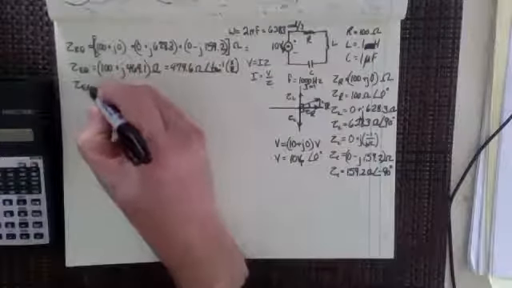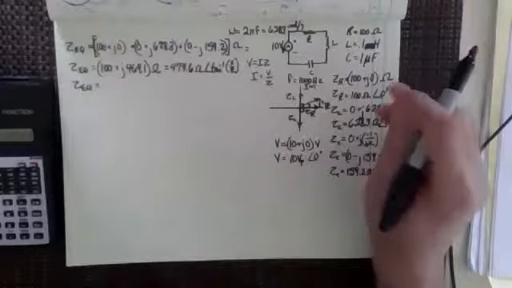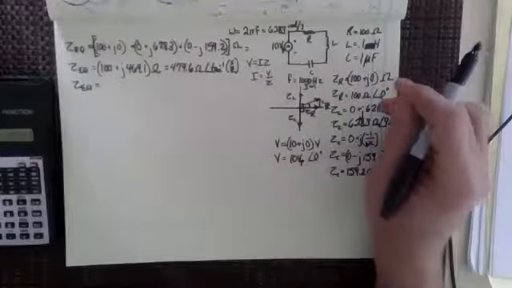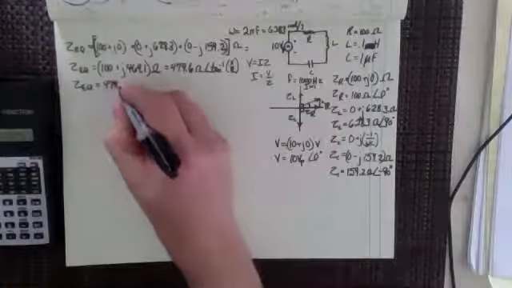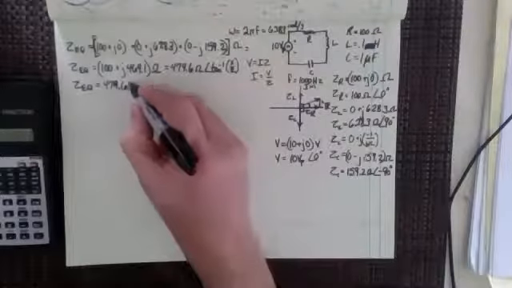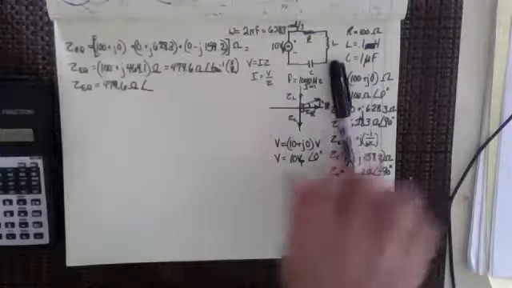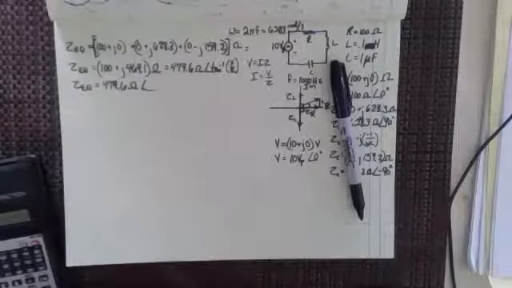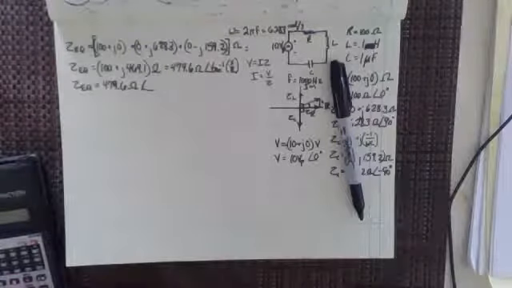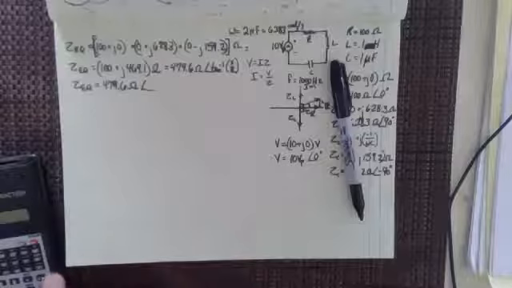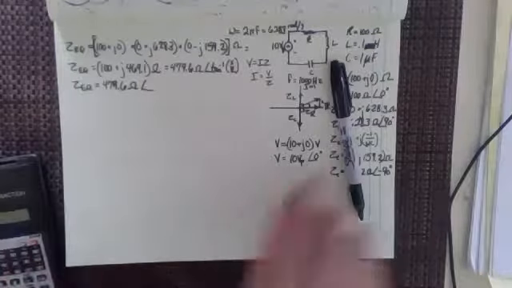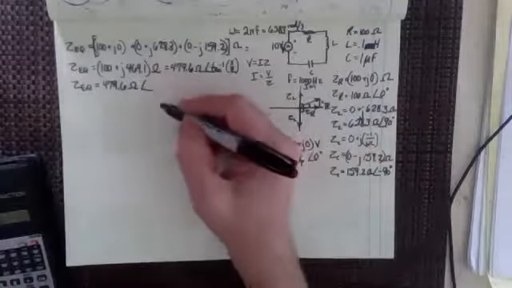So the equivalent impedance is going to be 479.6 ohms at an angle of, let me just do this for a second, 469.1 divided by 100 equals whatever, and then I just want to take the inverse tangent.